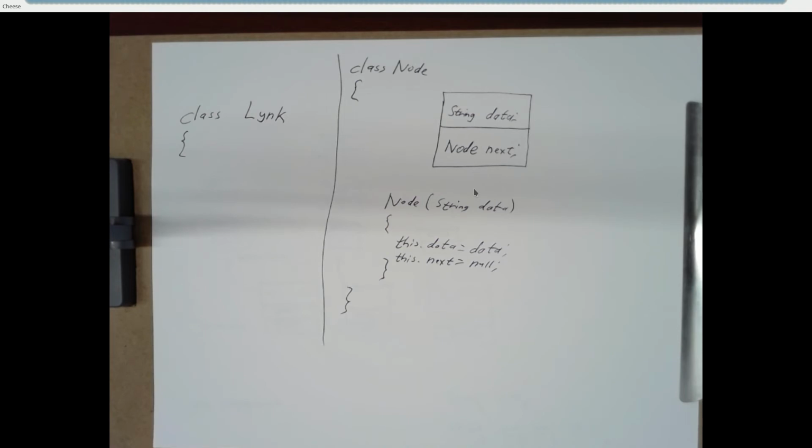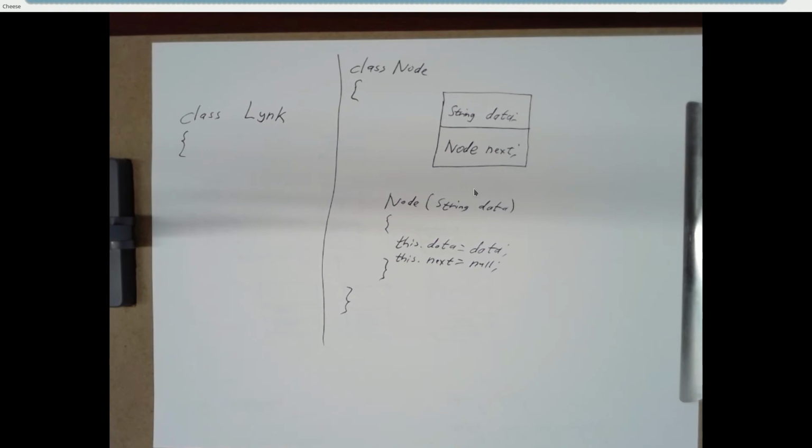All right, so there's a node. Two pieces of data and a constructor that conveniently lets us set the data field to the argument and sets the next field to null. All right, so what about our linked list? The linked list is going to be a collection of nodes, but we've got to have a handle to the first node.